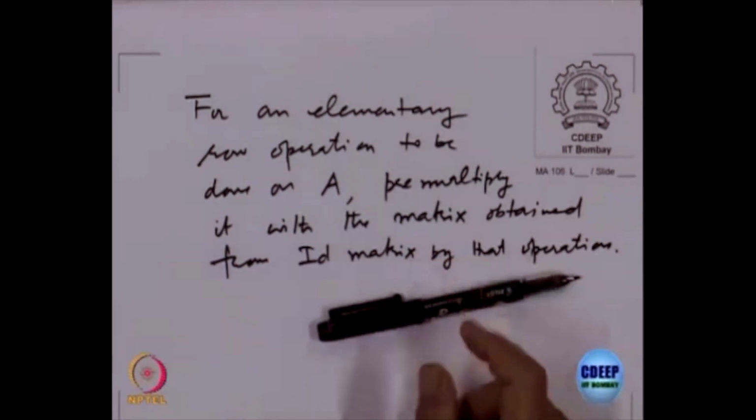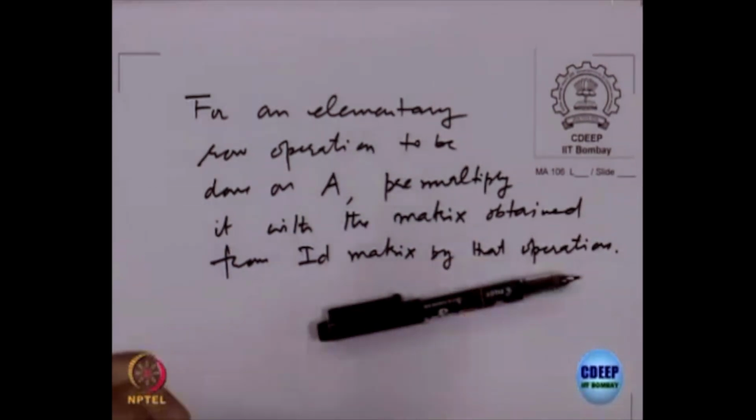So, to give a command to a computer, how do I do that operation? Take the identity matrix, and whatever elementary row operation you want done on A, do it on the identity first, and you will get a matrix.